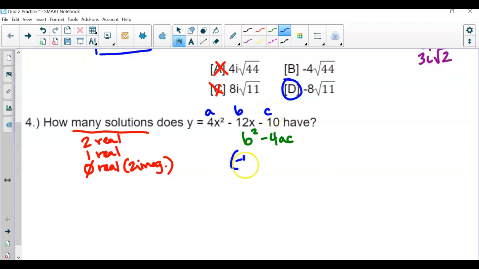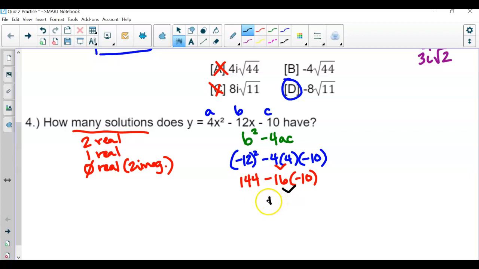So b squared, negative 12 squared, minus 4 times a times c, which is negative 10. Now we can simplify. So here, negative 12 squared is positive 144. Then here you have negative 4 times 4, negative 16 times negative 10. Then notice now multiplying two negatives making a positive 160.